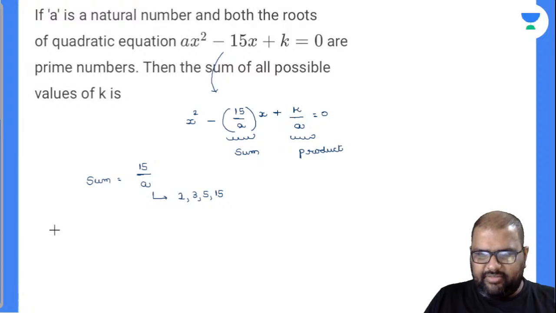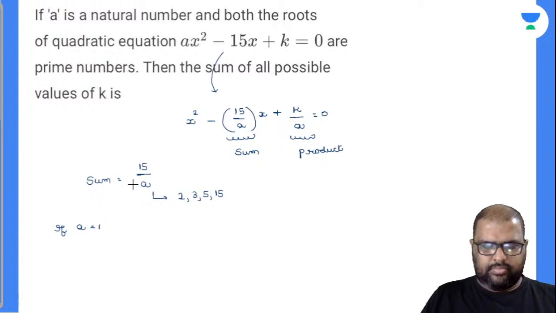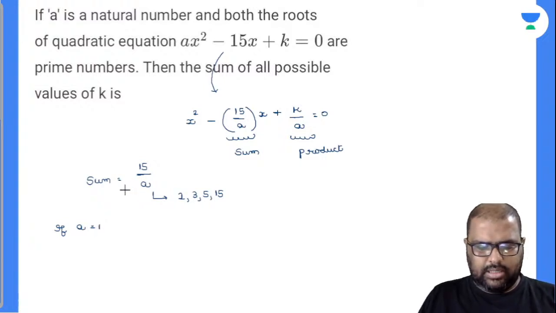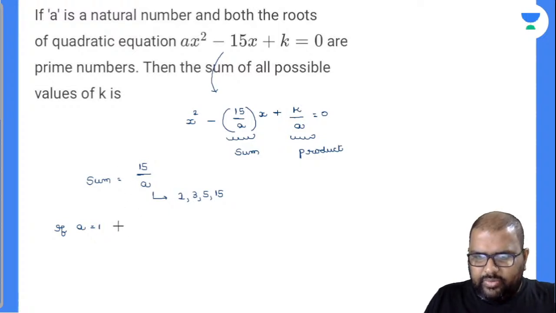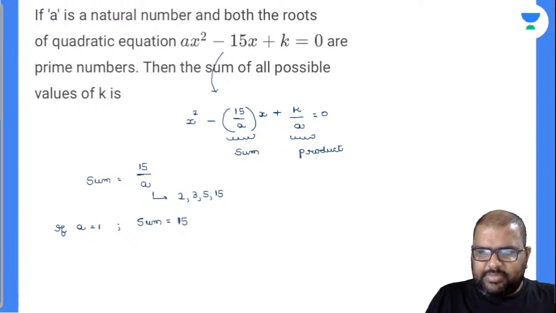Let us suppose a is equal to 1. If a is equal to 1, then what will be the sum value there? Sum value is nothing but equal to 15. And see here, alpha plus beta. Sum is nothing but equal to alpha plus beta.